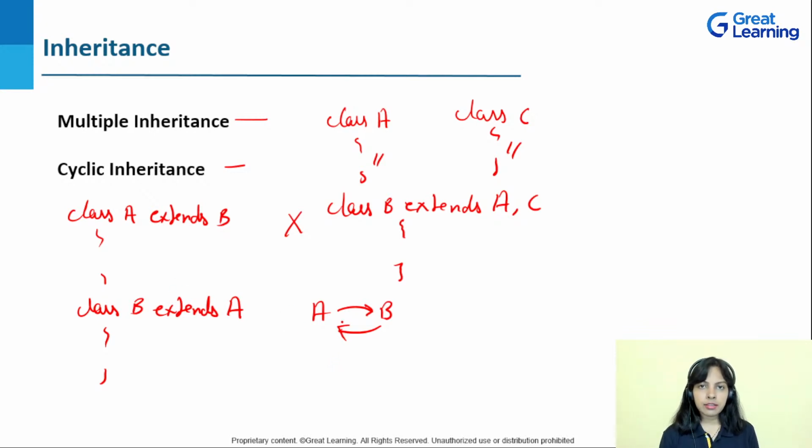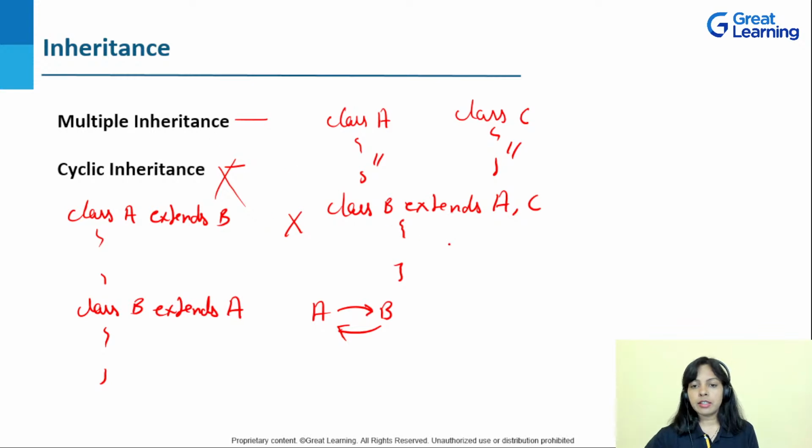Does this make any sense? Yes or no? No, right? A is inheriting properties of B, B is inheriting properties of A. Then define only one class with all the methods which are there in A and B. So conceptually this doesn't make much sense. So definitely cyclic inheritance is also not supported in Java.